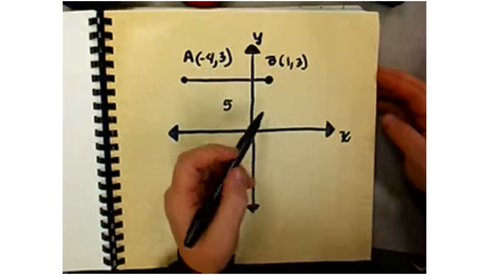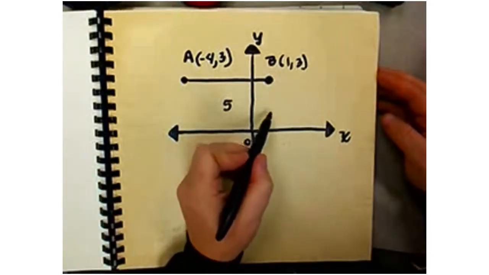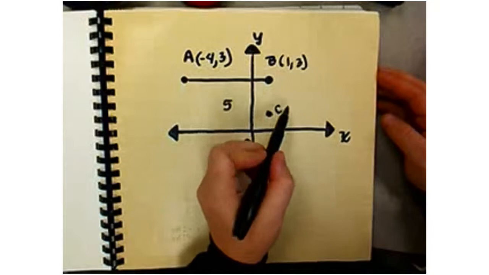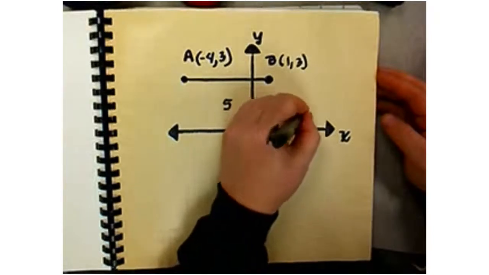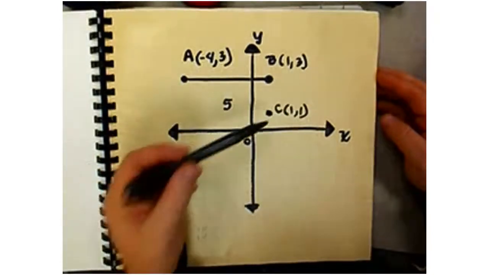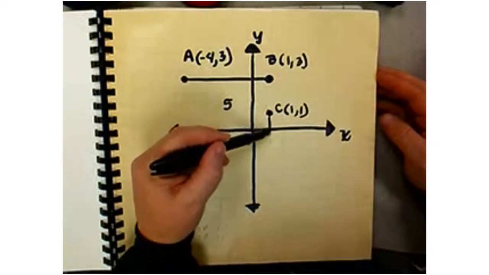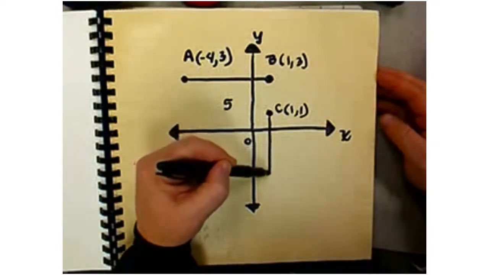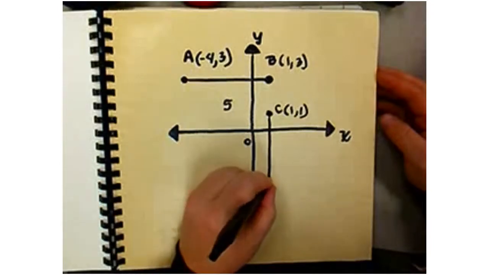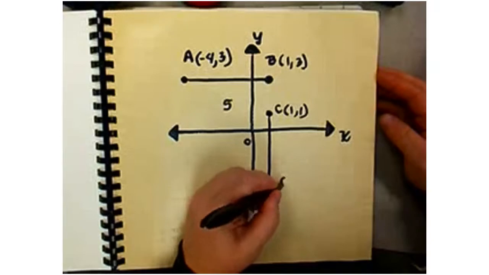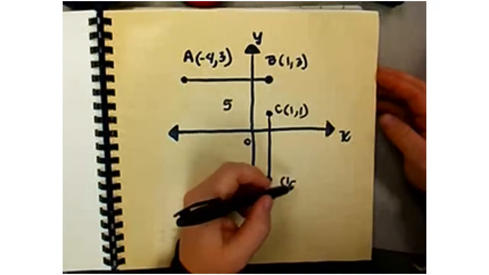Now find another point in quadrant 1 at 1, 1, coordinate 1, 1. They're labeling this point C, open paren, 1, 1. Go directly below, directly south of that point, and find a point in quadrant 4 at 1, -3.